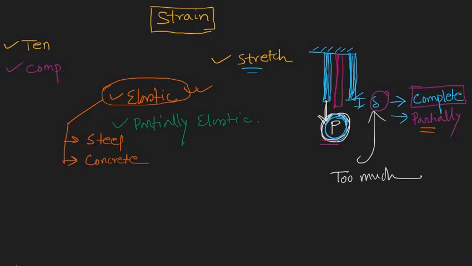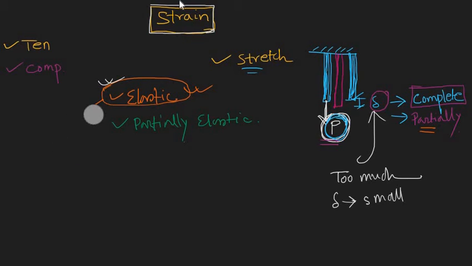That means if this deflection delta is small, the materials that we use in our daily life as civil engineers, steel and concrete, behave elastically. So to understand this strain concept, we will assume that all the materials we are dealing with are elastic. Clear? So now we understand what an elastic material is, what fully elastic and partially elastic materials are, and when the fully elastic concept is valid.